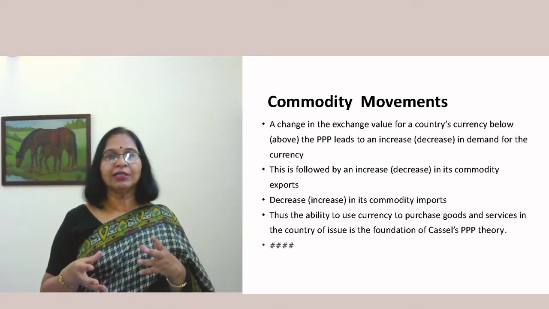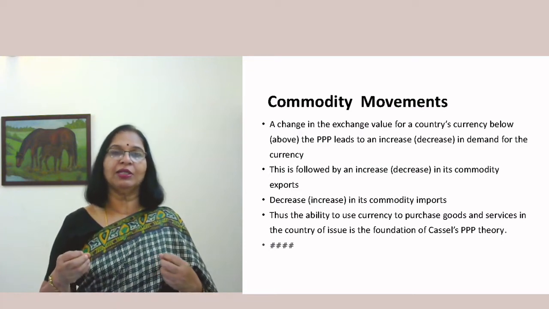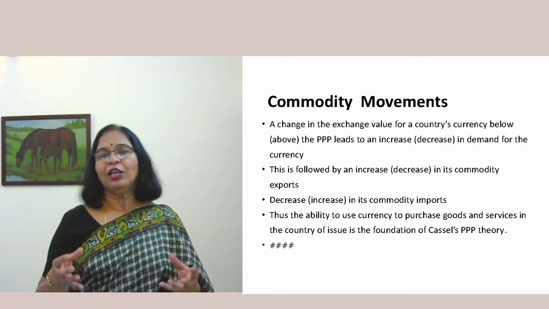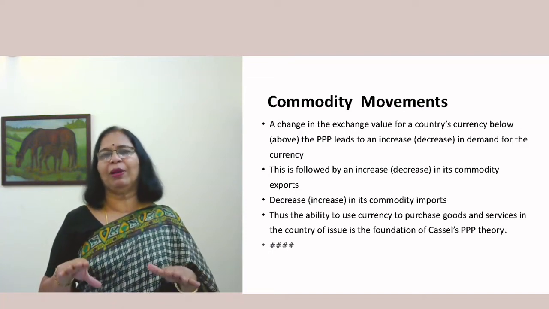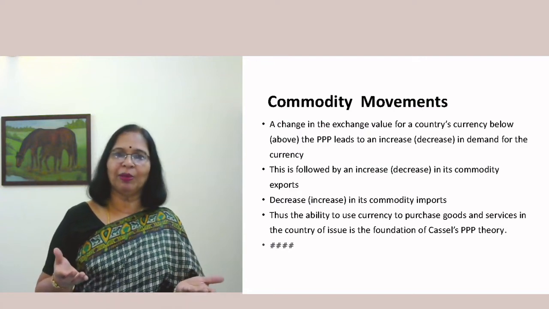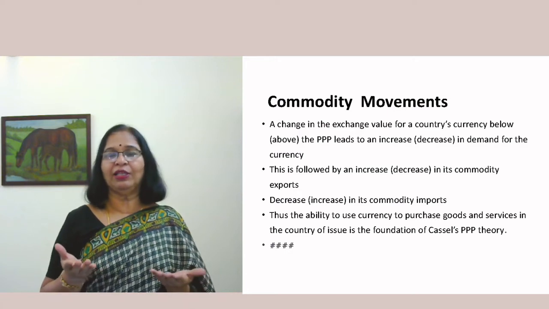This increase and decrease of import or movement of goods between the two countries is known as commodity flows. By these commodity flows, we understand that the exchange rate would come back to some equilibrium position and find its own level in the international market.